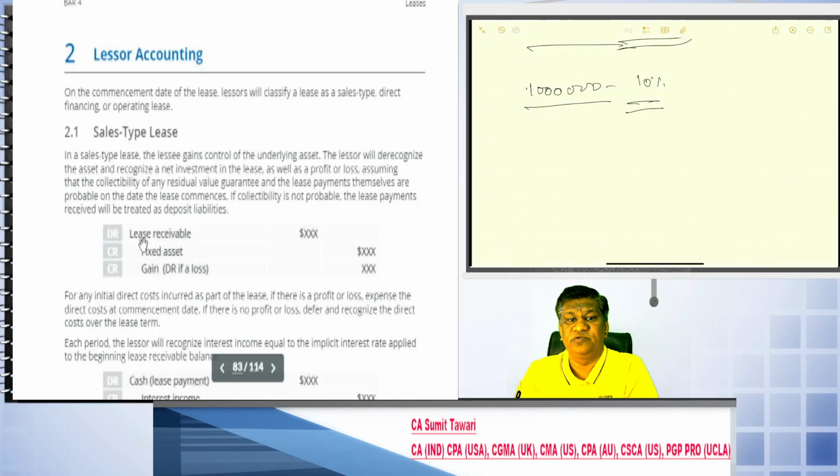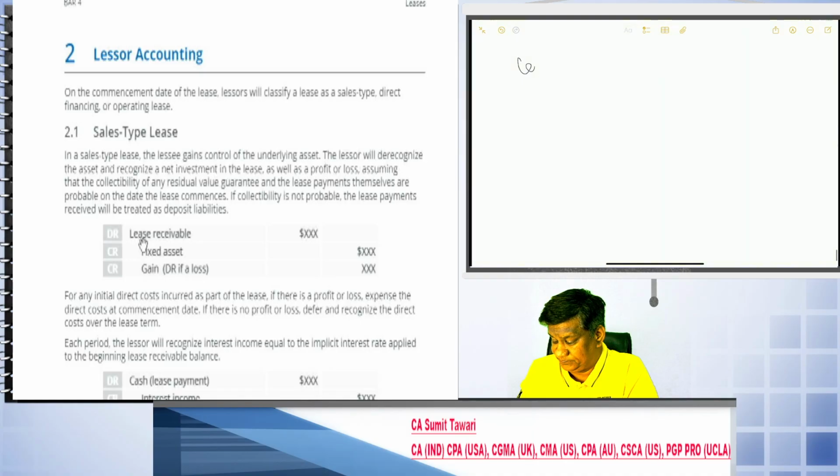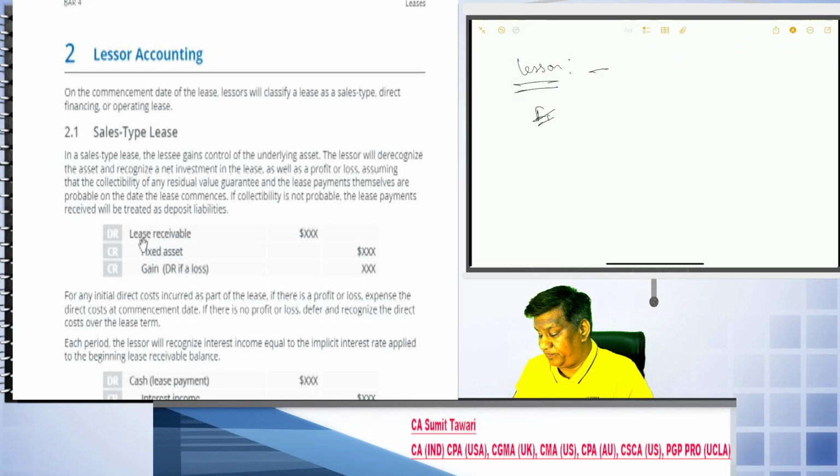Okay, now we need to see the lessor accounting, in the books of the lessor. If it is a sales type lease, see what happened. There is a particular fix when we are thinking about the lessor's point of view. He purchased the asset for lease.